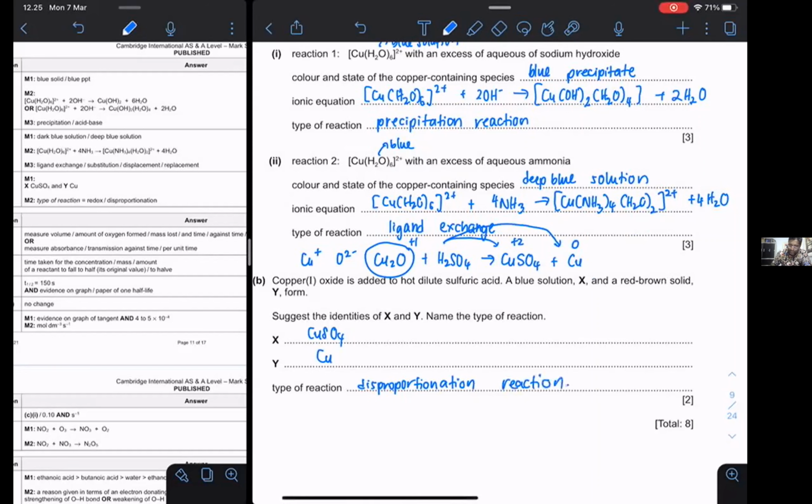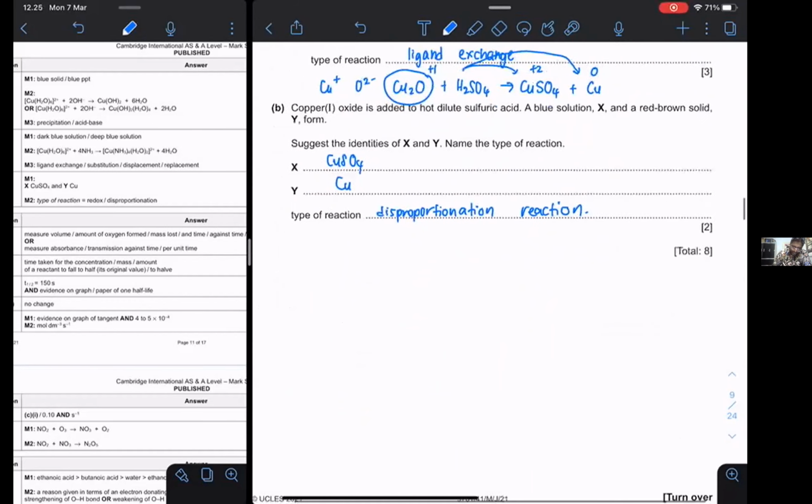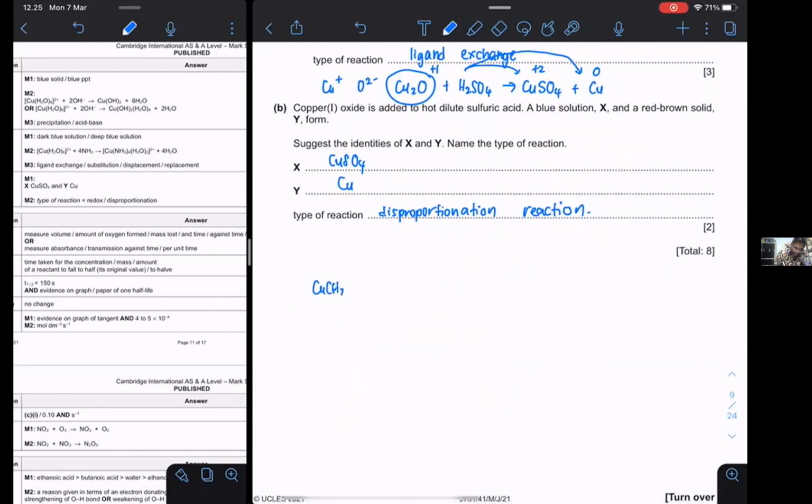Done. Okay, let's move on. So just to recall again, if you have Cu(H2O)6 2+, you can react with OH minus and you can react with ammonia.